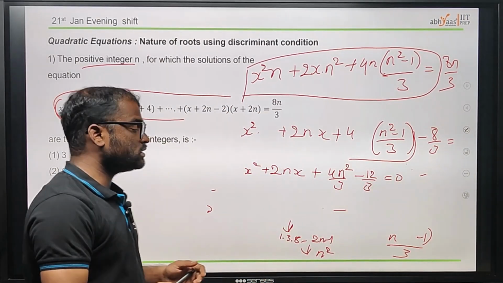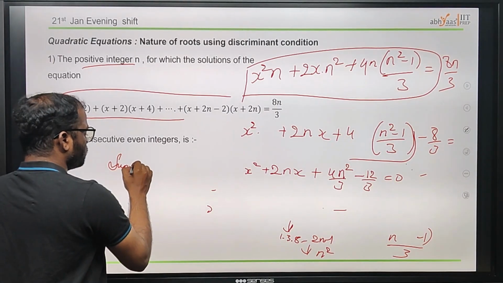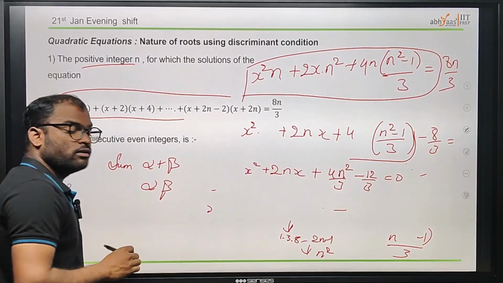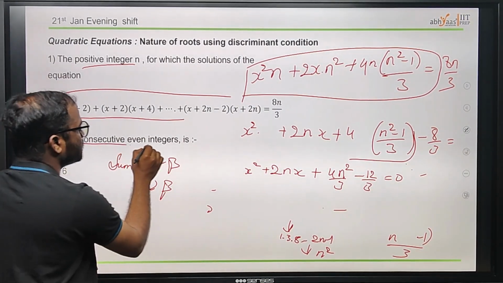Now from this equation we can easily take the sum of roots, which is alpha plus beta, and alpha beta. From this we can easily find what they said, 2 consecutive even integers.